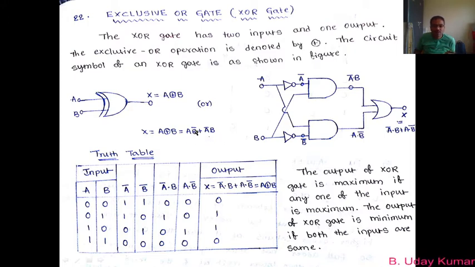You know what is a bar. Here B bar means there must be a NOT gate applied, and we have A bar also, so there must be another NOT gate. So there are two NOT gates here, because we have two bars, right?